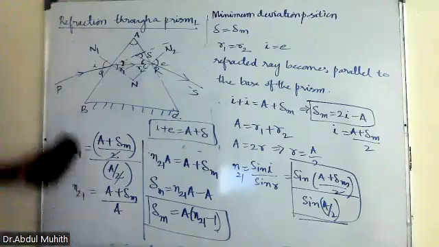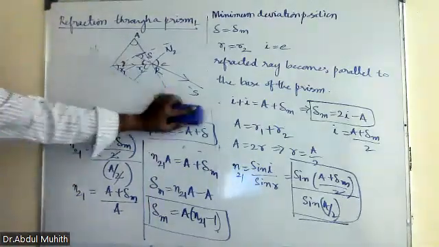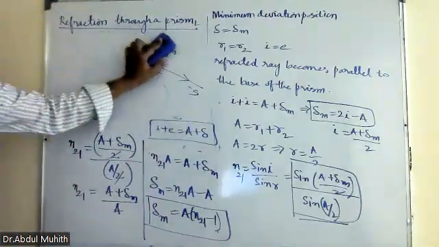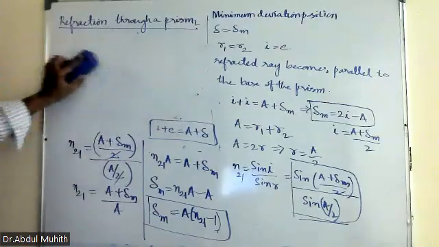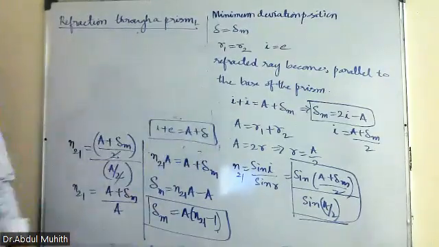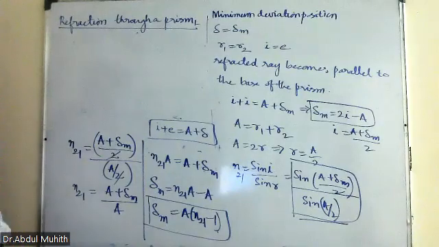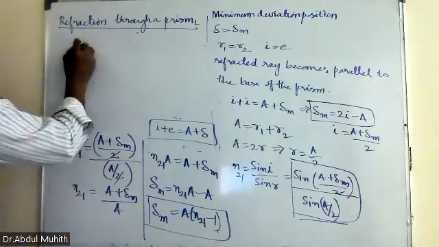Okay, 9.6. This is very, very important. Why is it important? He may ask a derivation, or he can go with a numerical also. Before going to that, I would like to draw the graph for the angle of minimum deviation.